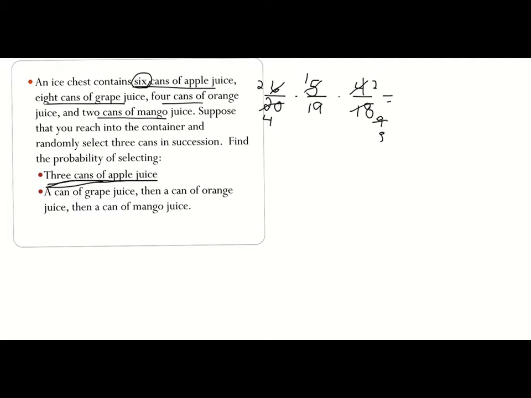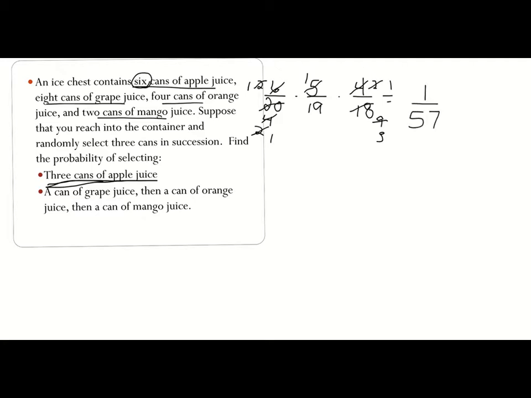So when I do my multiplication, I end up with, well, I could do this 2/4, so I can make that 1/2. And then 2/2 will become a 1. So I have 1/57 when I get done.